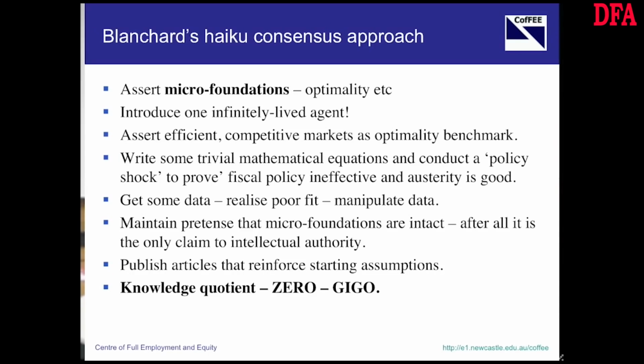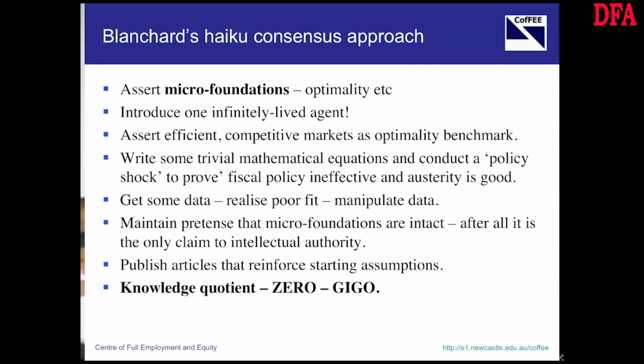We assert that all markets are efficient, and what that means is that they'll always produce the best outcomes. We do some trivial mathematics to prove that, and ultimately we always are able to prove that use of fiscal policy is ineffective and austerity is good.